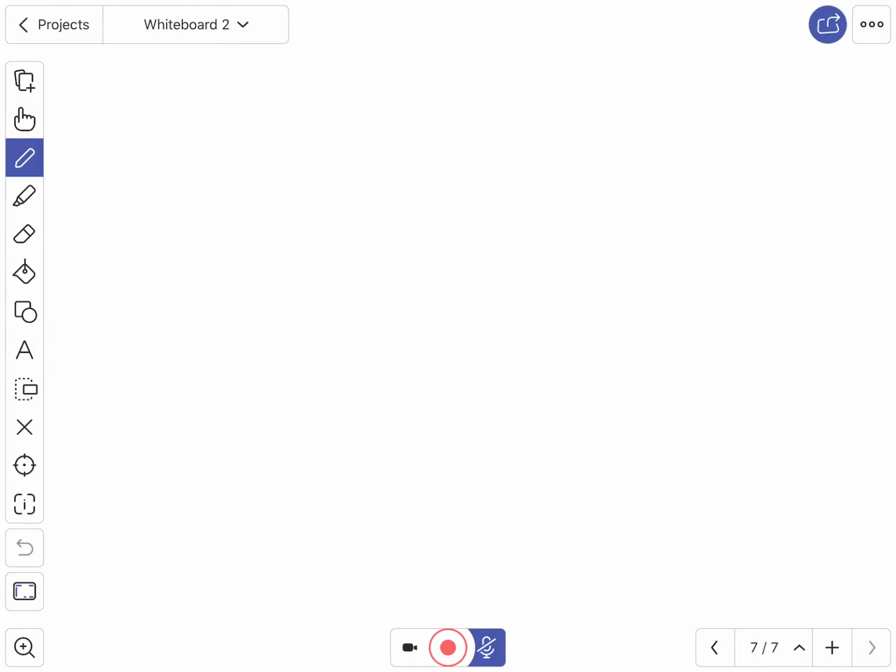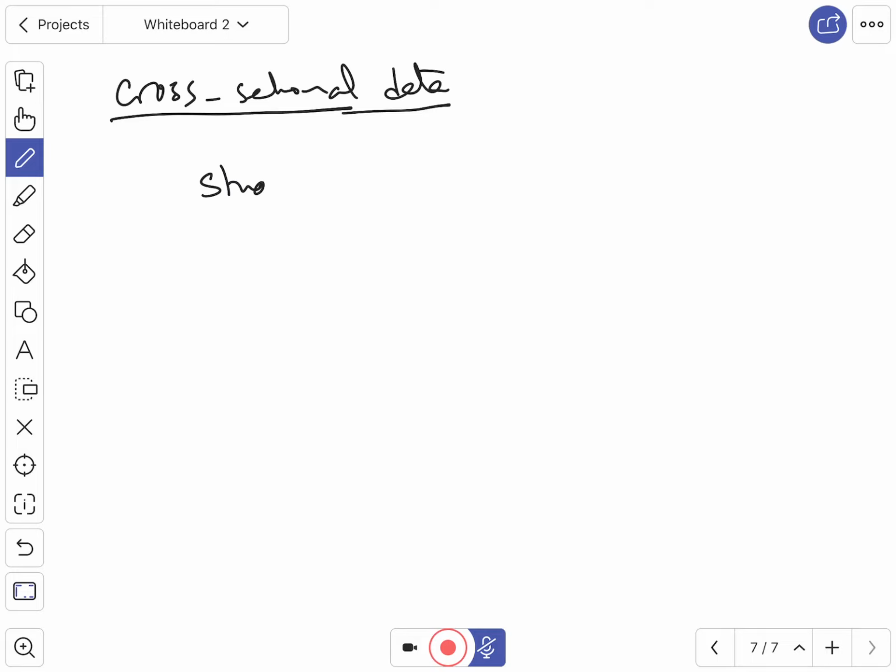Cross-sectional data would be something like student 1, student 2, student 3, all the way to student 10, and I'm checking their grades at a certain point in time.